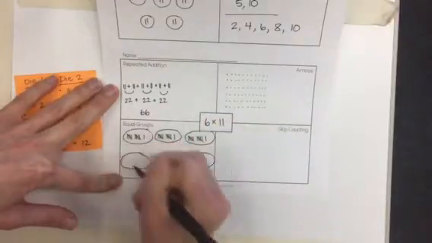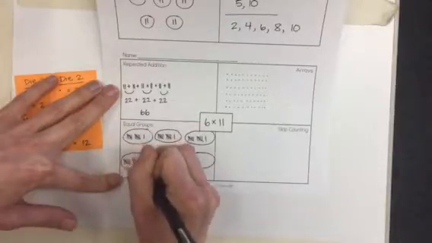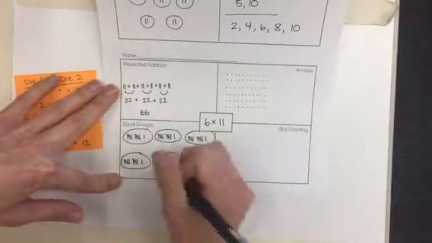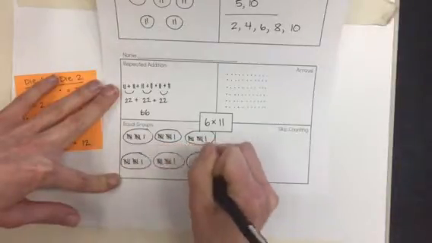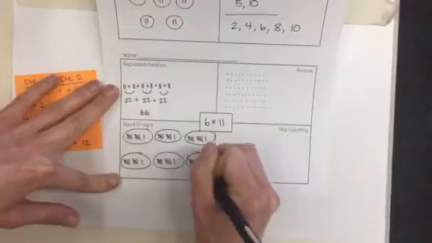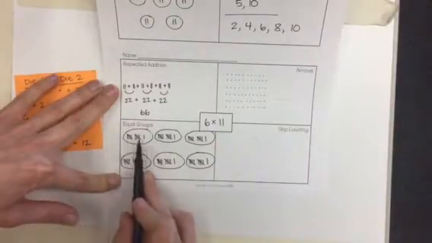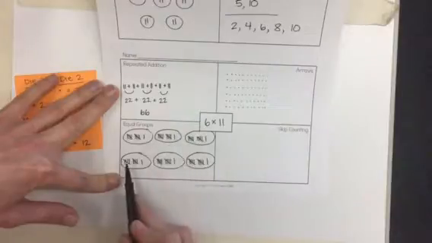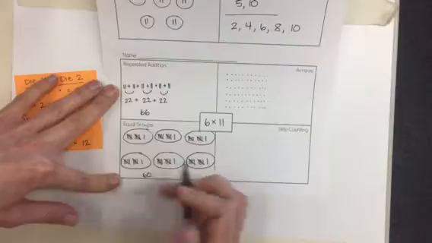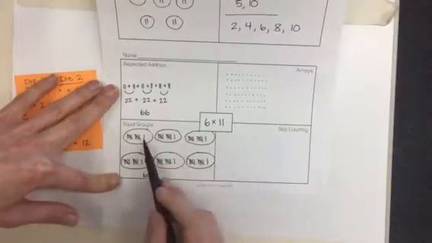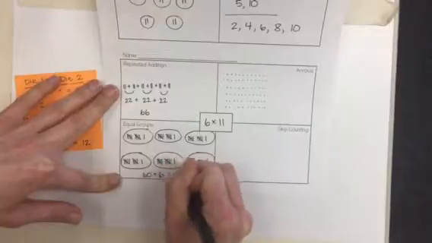Tally marks are great when you have 5 or more, because every time you see a slash, you know that it's 5. All right, now I can count my 5s, 5, 10, 15, 20, 25, 30, 35, 40, 45, 50, 55, 60. And I can count my 1s, 1, 2, 3, 4, 5, 6. So 60 plus 6 equals 66.